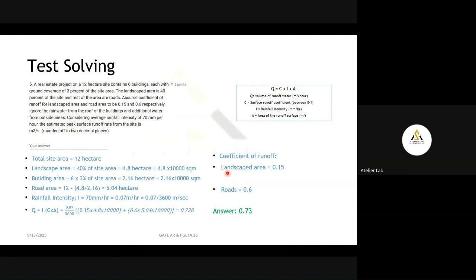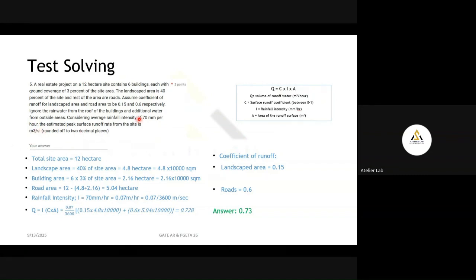Now the coefficient of runoff: for the landscaped area, the coefficient given is 0.15, and for the roads, the coefficient is given as 0.6. The next is rainfall intensity. We have the rainfall intensity as 70 millimeter per hour. The answer is required in seconds, so meter per second.